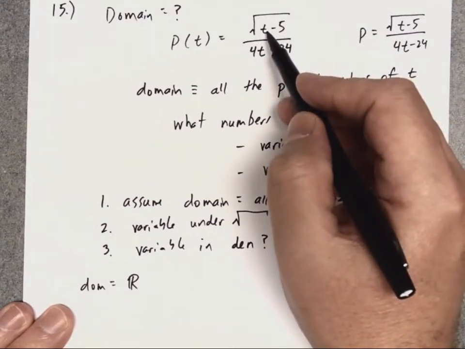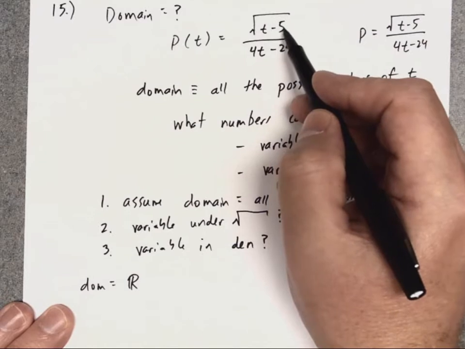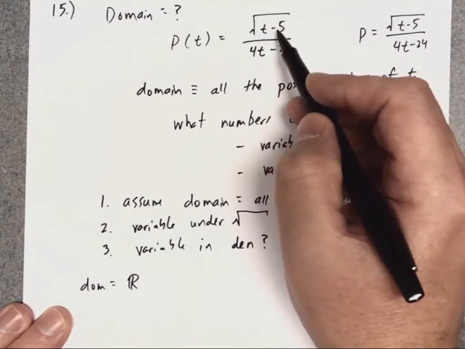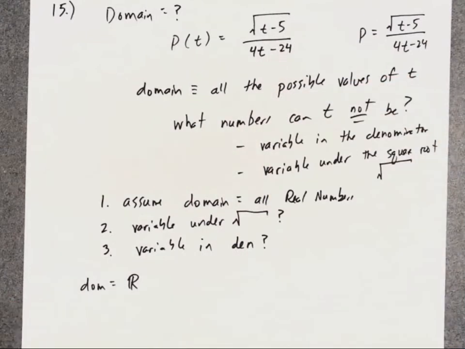Why am I worried about what's going on under the square root sign? Well, think about it. Think about taking a square root. What do we have to make sure we never have under a square root sign?